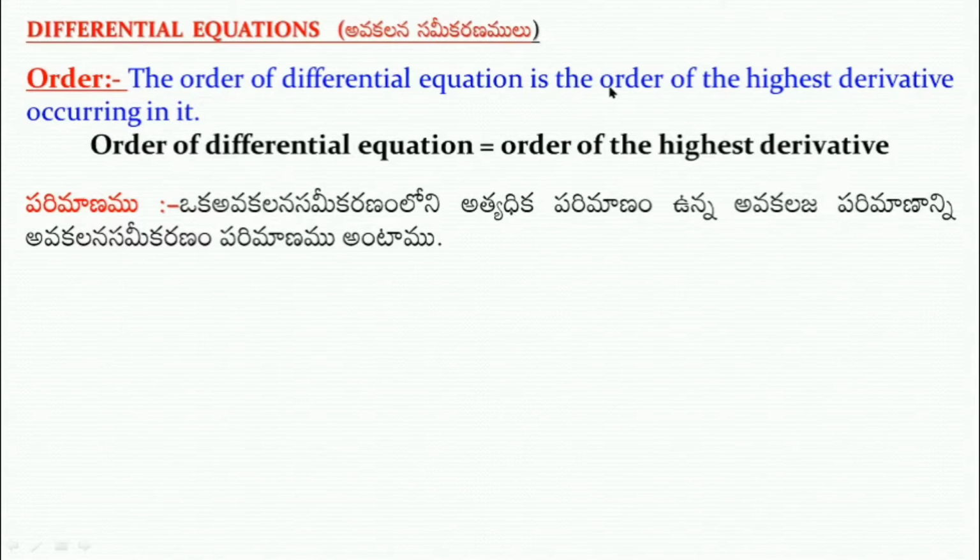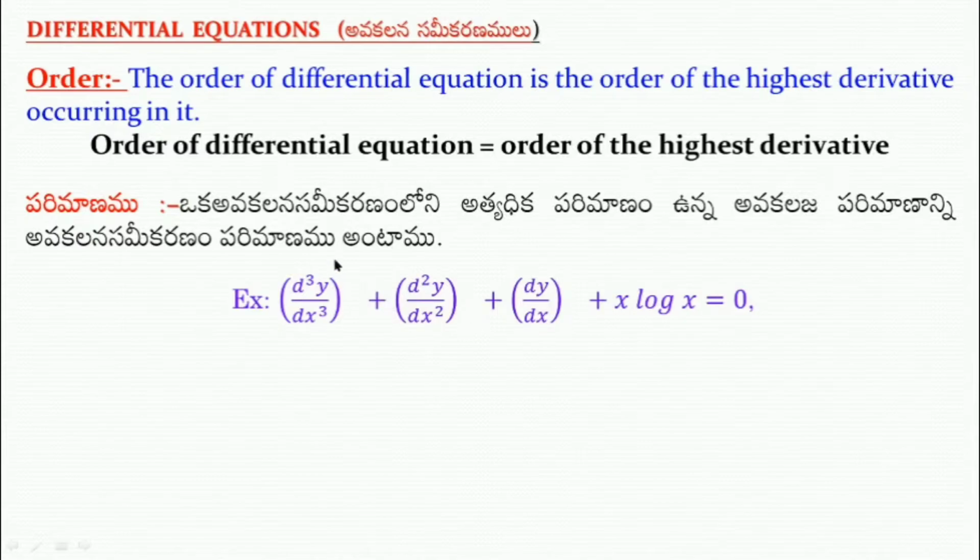Order of the differential equation means order of the highest order derivative in that equation. అవకలన సమీకరణం యొక్క పరిమాణం అంటే అవకలన సమీకరణంలోని అత్యధిక పరిమాణం ఉన్న అవకలజ పరిమాణాన్ని అవకలన సమీకరణం యొక్క పరిమాణం అంటాం. అత్యధిక పరిమాణం ఉన్న అవకలజం యొక్క పరిమాణం.